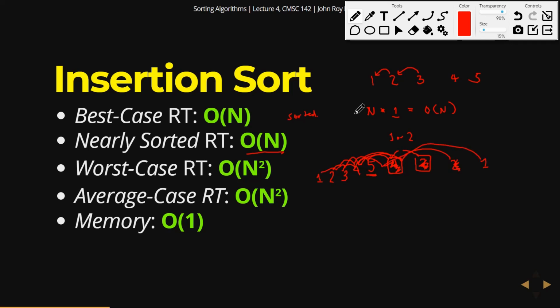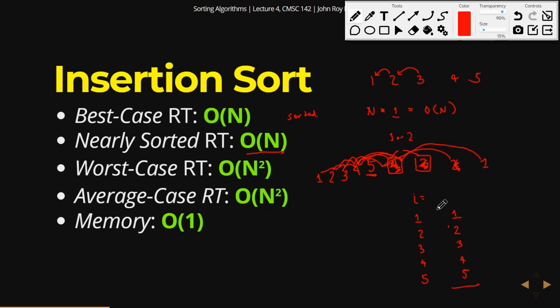So that would be around n squared, because for n iterations of the outer for loop, and then for each one, it's similar to the analysis for selection sort. If i is equal to 1, 2, 3, 4, 5, this one will have 1, this one will have 2, this one will have 3, 4, and then 5.